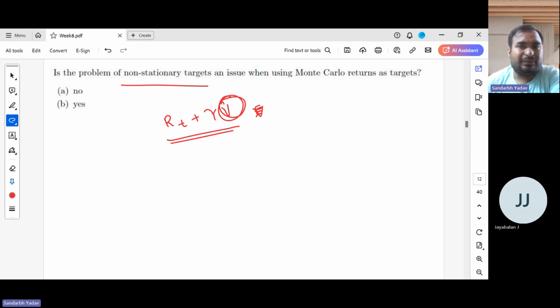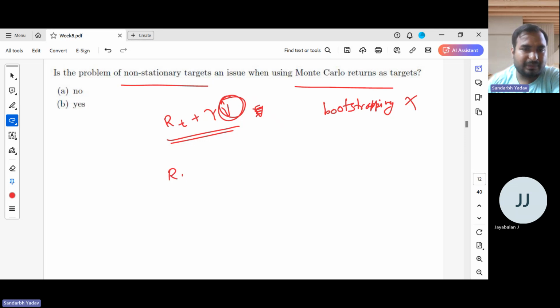But if we are using Monte Carlo returns as targets, in Monte Carlo we don't do bootstrapping, right? There is no bootstrapping in Monte Carlo. What we do is we have R_{t+1} plus gamma times R_{t+2} plus gamma squared times R_{t+3}, and we carry on until the episode ends.